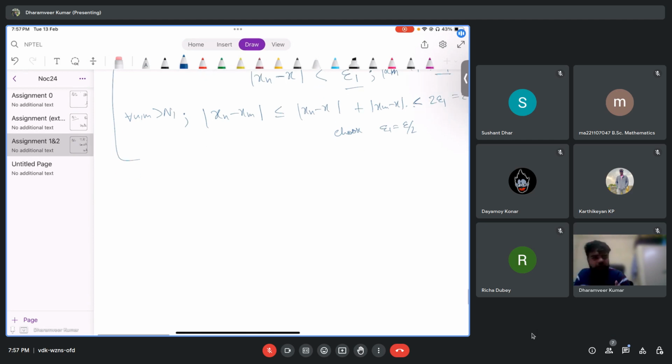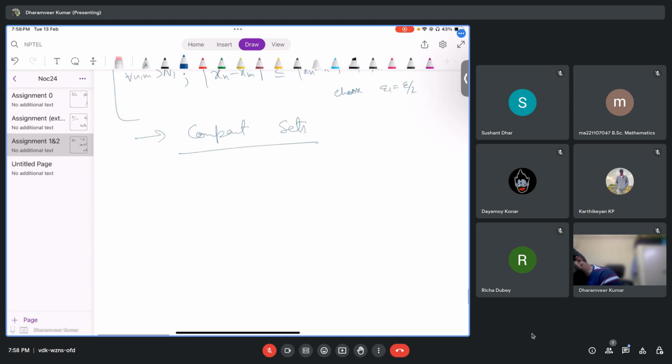So for real numbers, there is a very simple definition. Any subset A of real numbers, again the whole of the real numbers cannot be compact, so we are taking a proper subset.